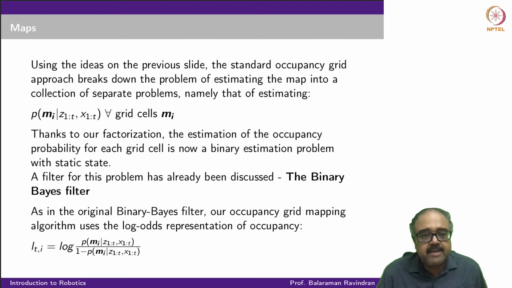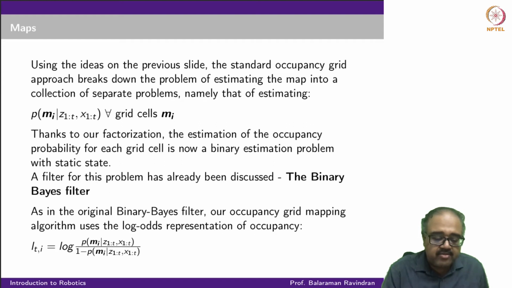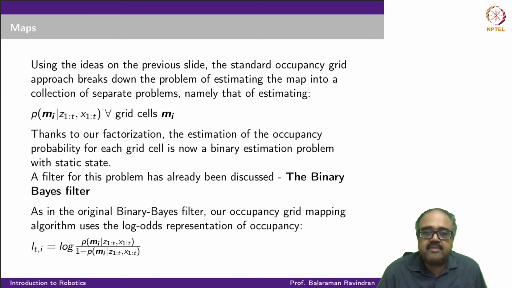It's influenced only by the measurements I'm making and the actual state values, z_1 to t and x_1 to t. So this makes my problem much easier. Otherwise, I'll have to look at this very large joint estimation problem. So instead, we'll assume that each cell is estimated independently.